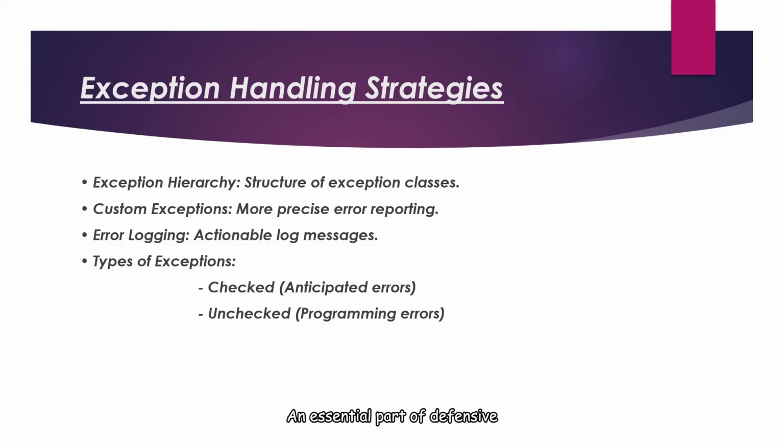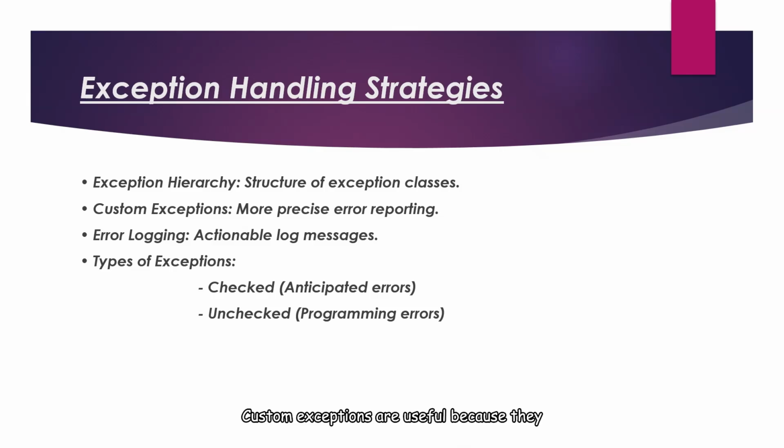An essential part of defensive programming is exception handling. When errors occur, they should be caught, logged, and dealt with appropriately rather than causing the system to crash. We can organize errors using an exception hierarchy where different types of exceptions are grouped into categories. For example, database related errors might fall under a database exception class, while user input errors could fall under an input exception.